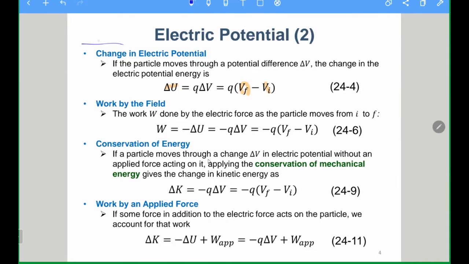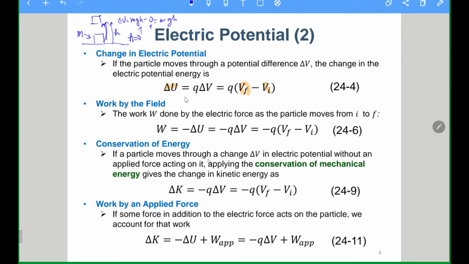For example, if you have a mass on the floor, so h equals 0, and you need to move it higher to h, then the potential energy difference will be mgh minus 0. This is the initial potential energy, and this is the final potential energy, mgh.